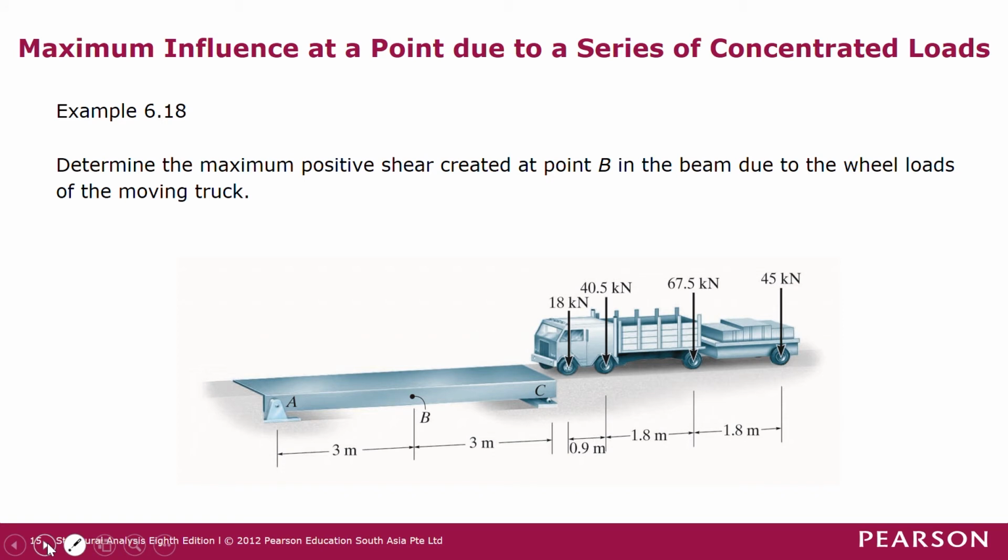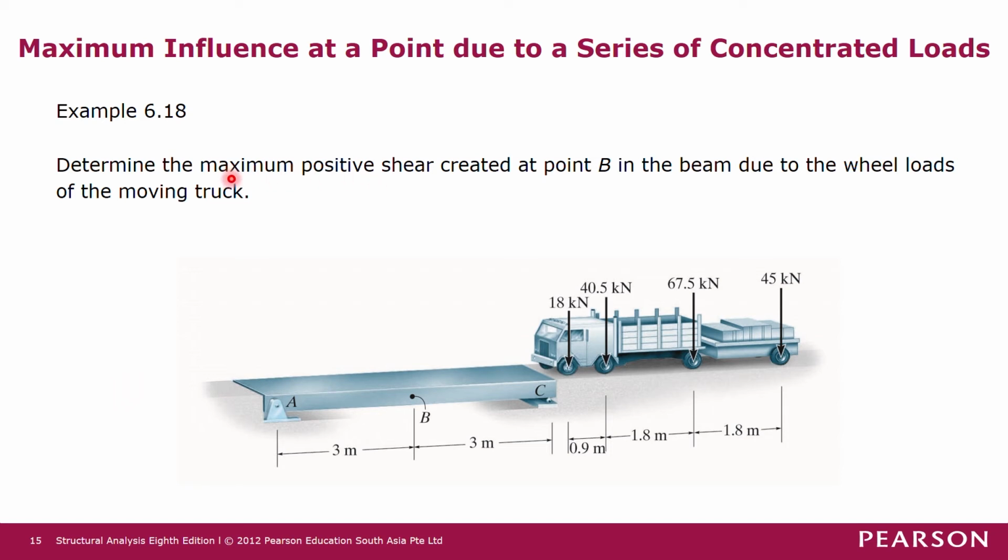So next we want to look at another example. In this case, you are asked to determine the maximum positive shear created at point B in the beam due to the wheel loads of the moving truck. This truck is moving from right to left on the beam.